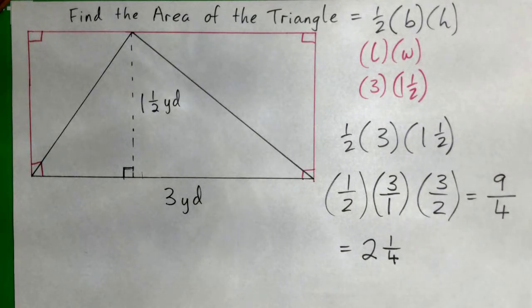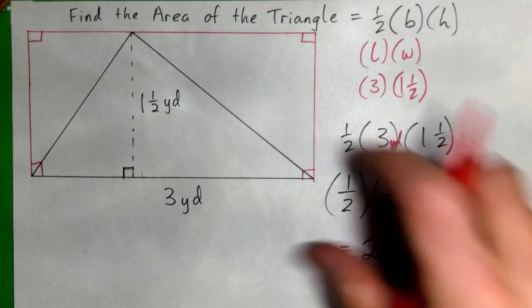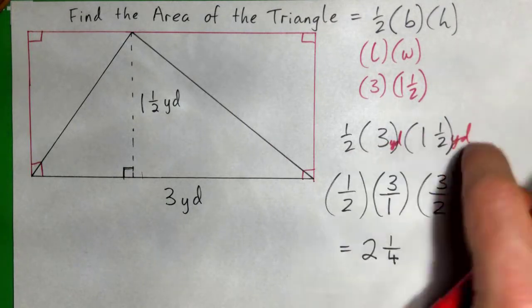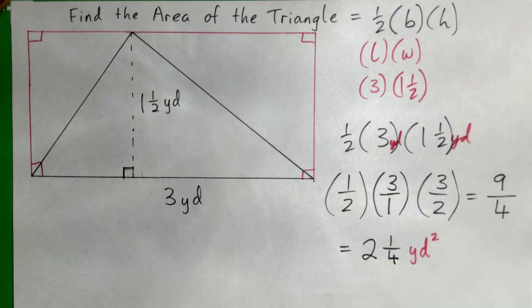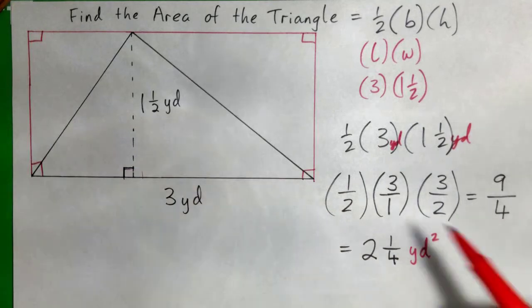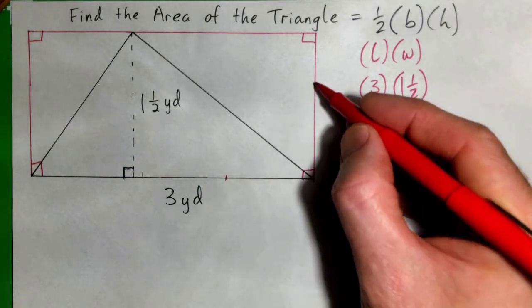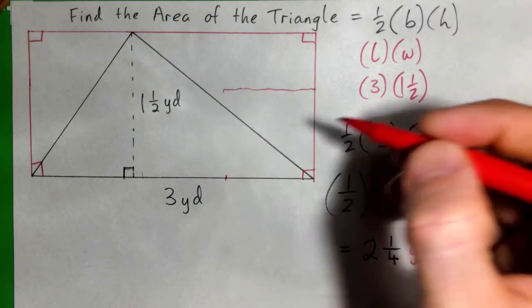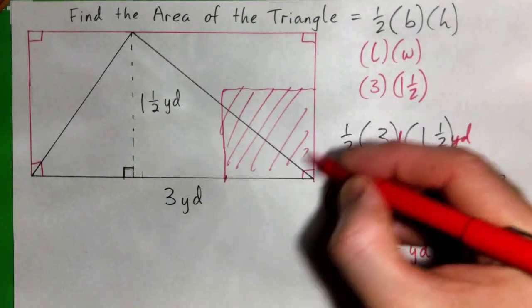And what are the units? Well, the base was 3 yards, the height was 1.5 yards, and so you get yard times yard, yard squared, or square yards, because the area of this triangle is measured in square yards. I'll show you. So here is roughly 1 square yard.